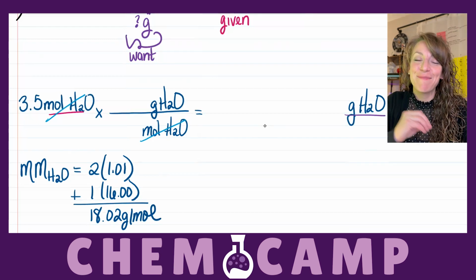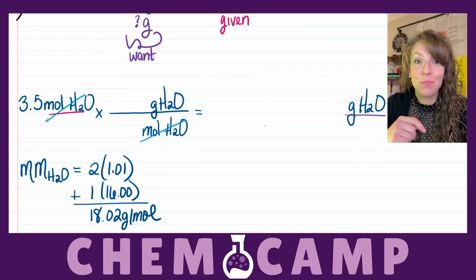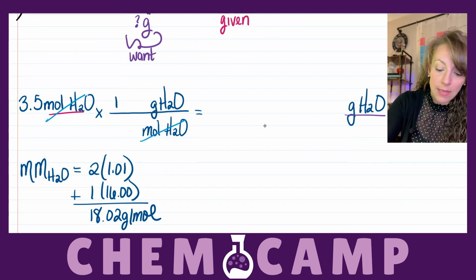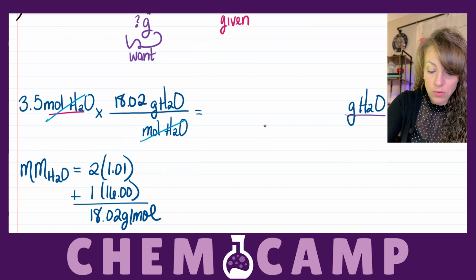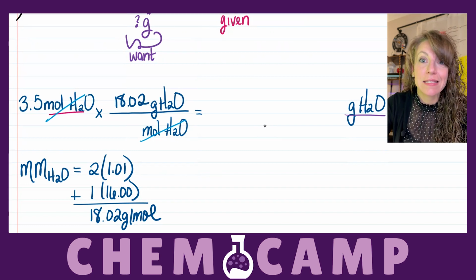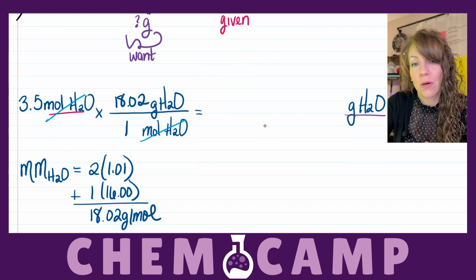Since I've got my units set up in my ratio, I know exactly where to plug in numbers. Because the 18.02 is with the grams in the molar mass, I'm going to put the 18.02 with the gram unit in my ratio. And since molar mass is always for 1 mole, I'm going to put 1 with the mole.